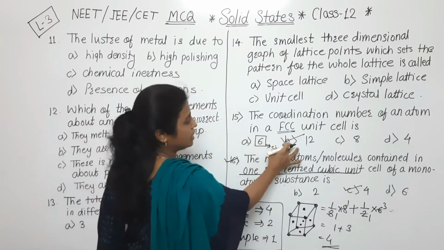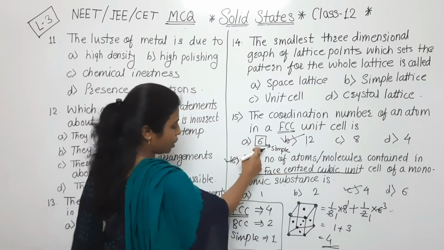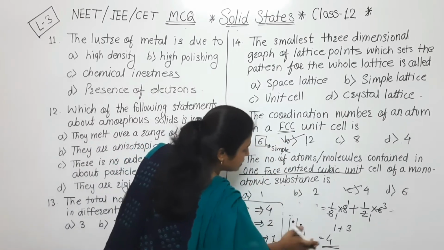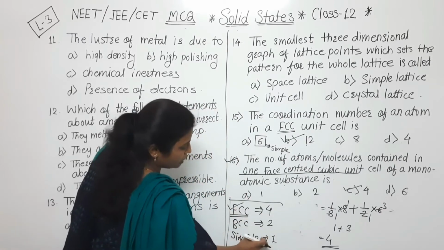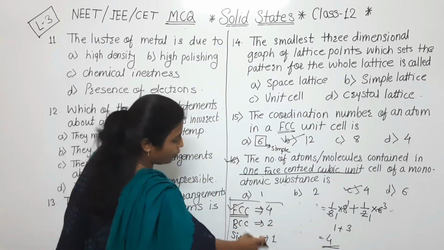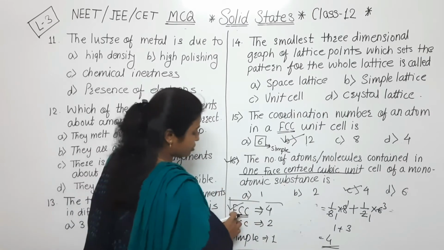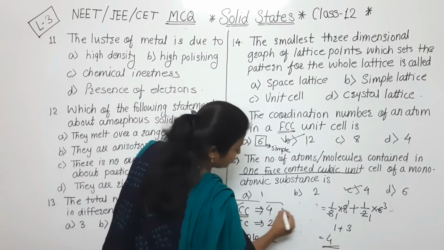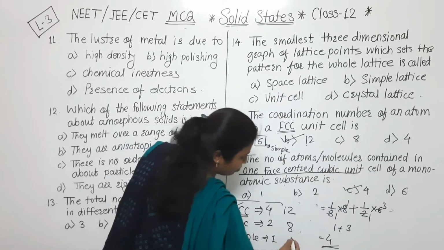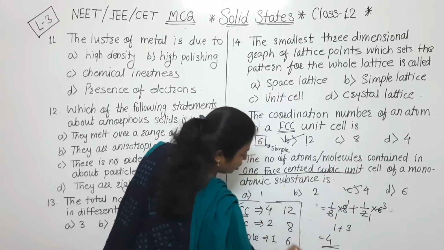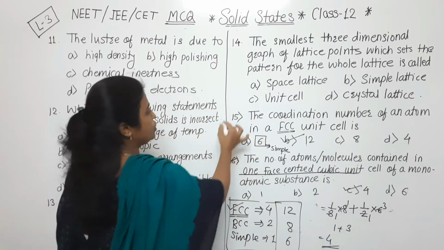So its answer is B. Hope here also I have cleared it to you. For FCC it is 12, for BCC it is 8, and for simple it is 6. So here we have completed these two MCQs.